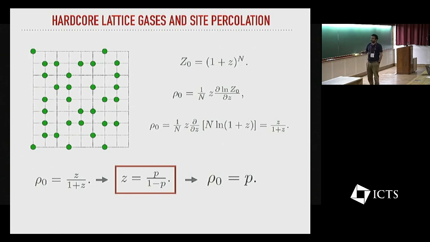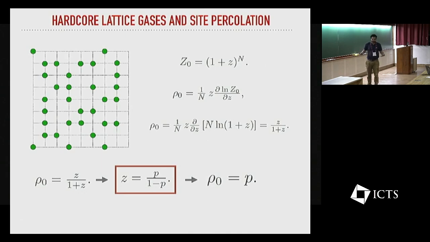But then one can notice that if one were to write z as p divided by 1 minus p, then rho naught, the density that you have predicted, is precisely this number p. Which is what we were doing in percolation, where sites are occupied independently with probability p. So if I take the fugacity of this on-site exclusion lattice gas and connect it to the probability of occupation, I get the exact model of percolation that I was talking about.